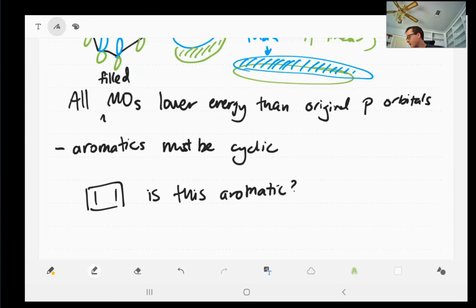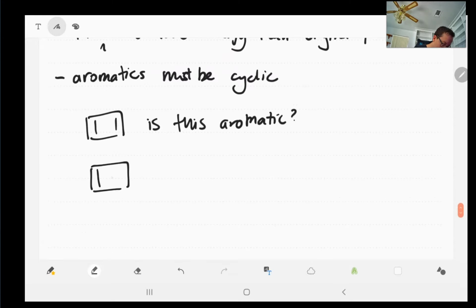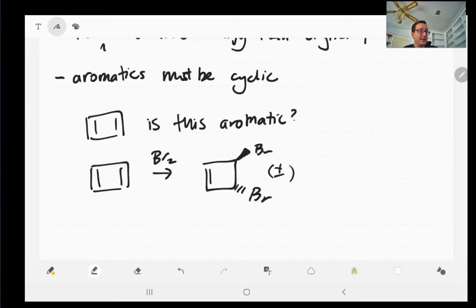First off, let's just see what would happen if we do this. Unfortunately, with this one, we see it does react. So evidence says no. But why does it not?